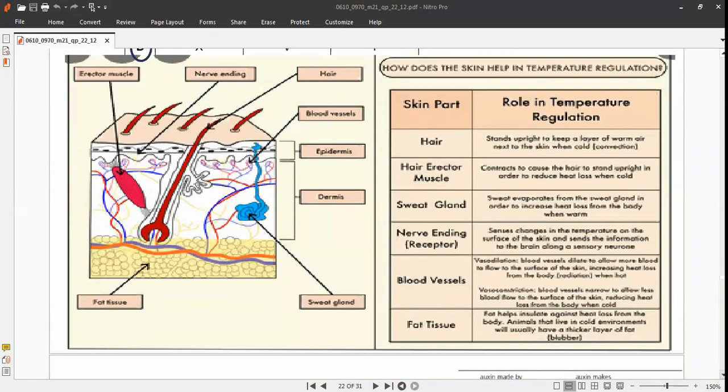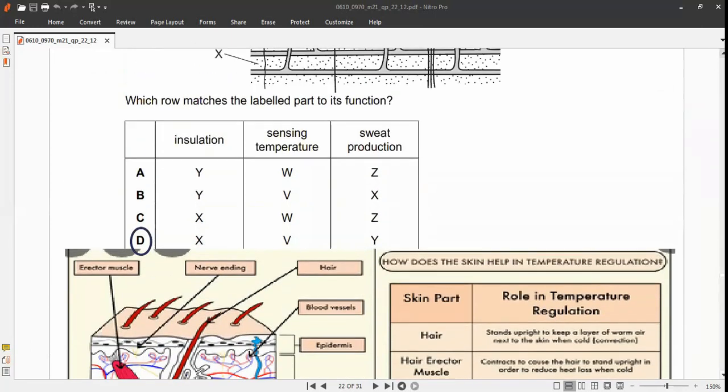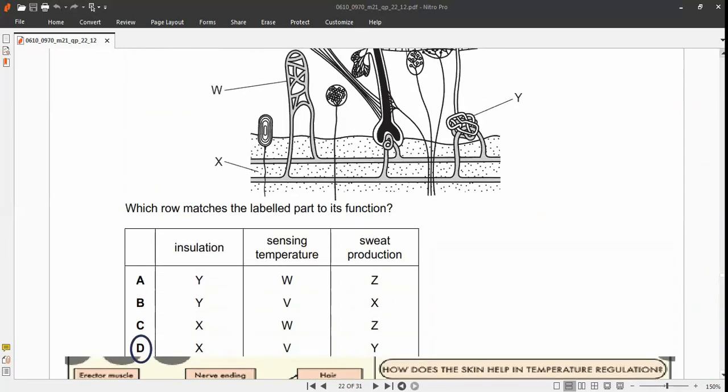Fat tissue helps insulate against heat loss from the body. Animals that live in cold environments will usually have a thicker layer of fat called blubber. So X is for insulation. What about V?